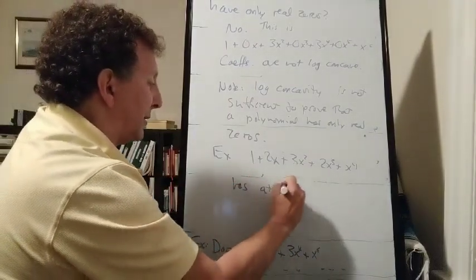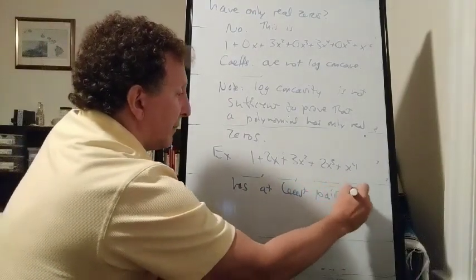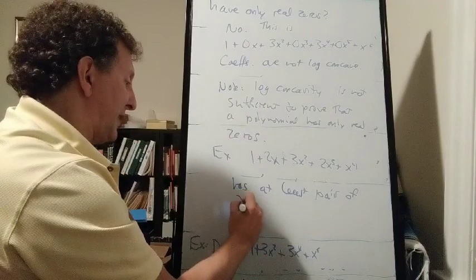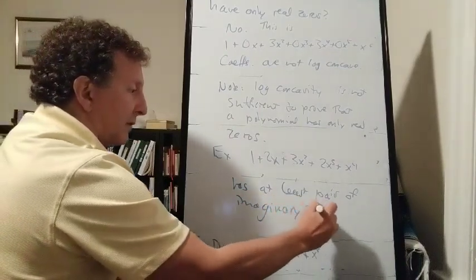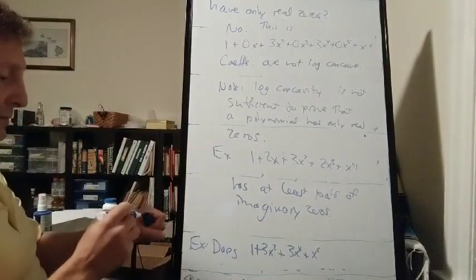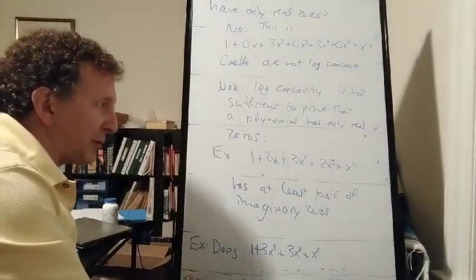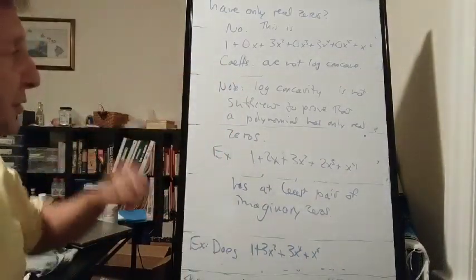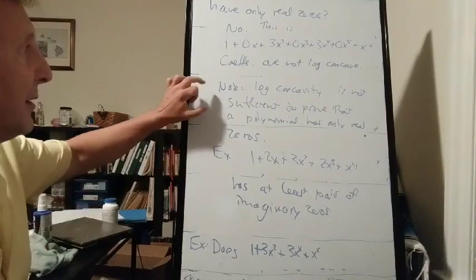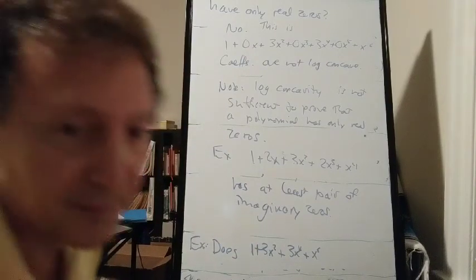This has at least one pair of imaginary zeros. And I can see that for other reasons, which I'm not going to explain right now. But just wanted to say that to show that this condition is not sufficient to prove that a polynomial has only real zeros. The end.